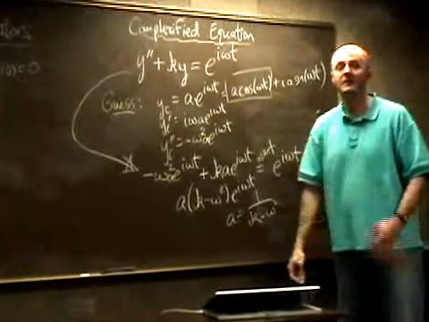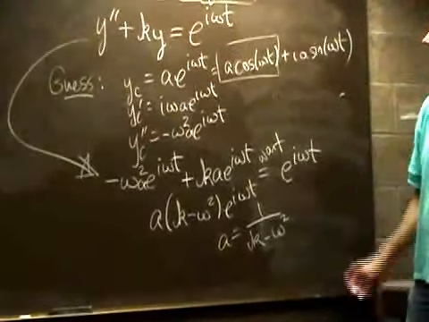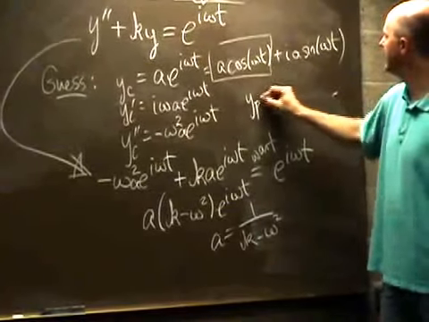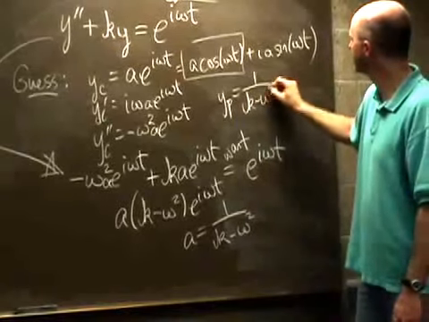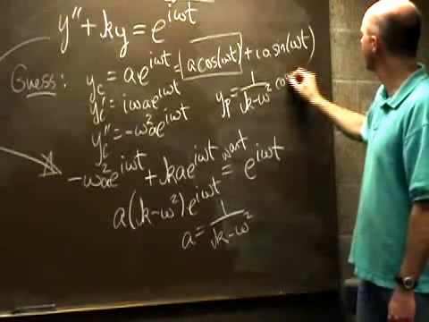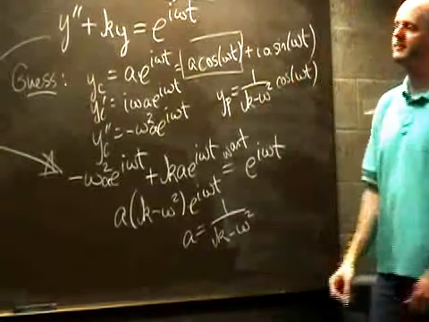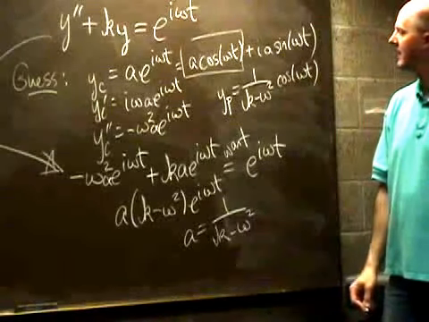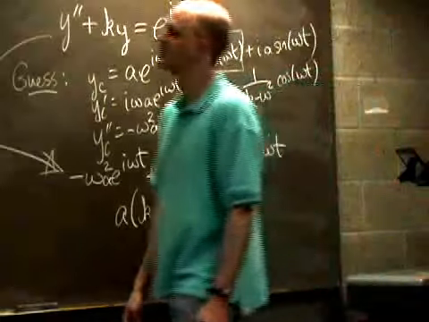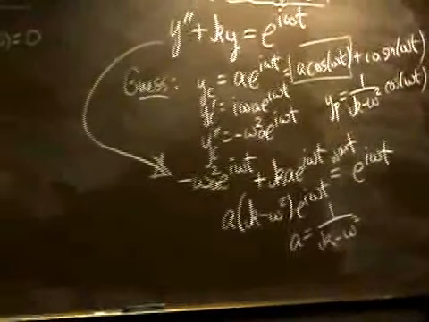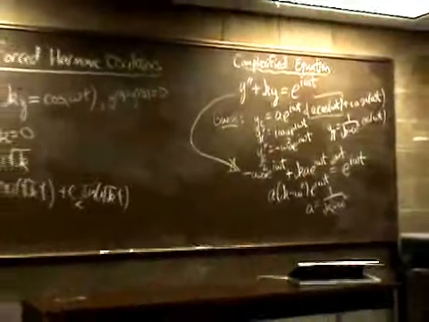Plug in the a there and you've got your yp. Yp is going to be 1 over k minus omega squared times cosine of omega t. Adding yp to yh gives us our general solution to the original non-homogeneous equation.